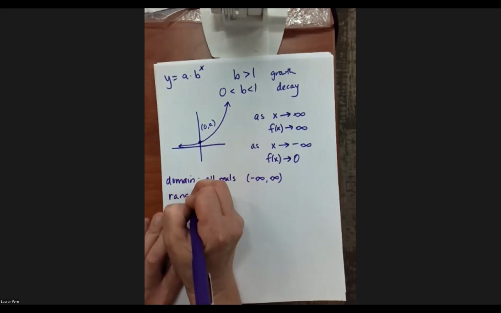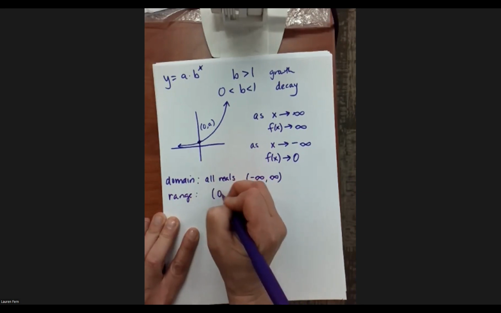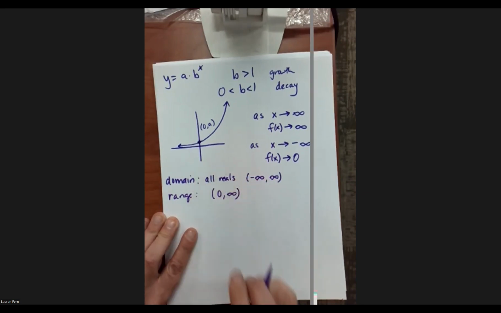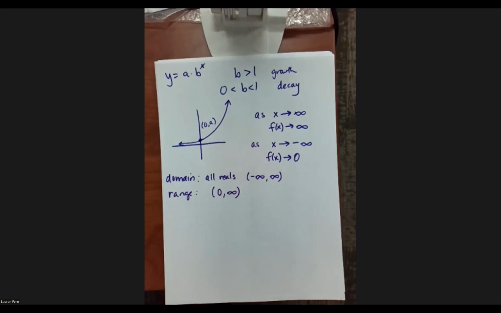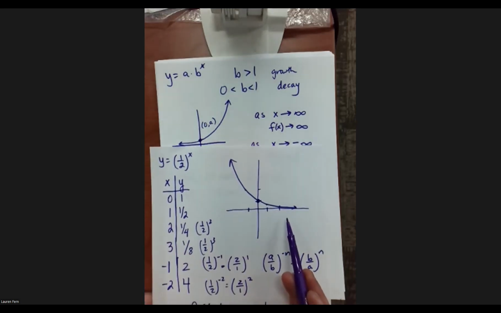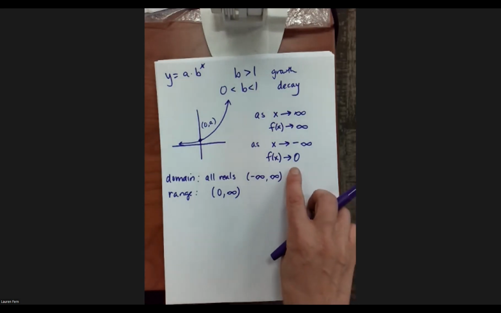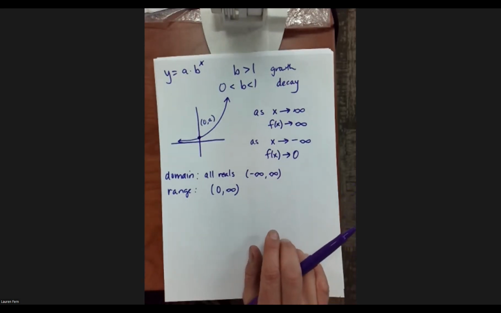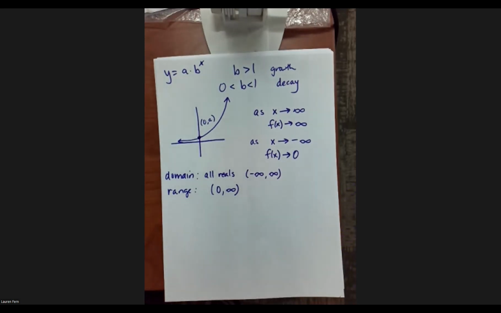Our range, notice, is 0 to infinity with a parenthesis next to our 0. Now, what this tells you also on the depressing end, when we're talking about, for example, decay, radioactive substances decay exponentially. In other words, they're never actually equal to 0, so they never fully go away.